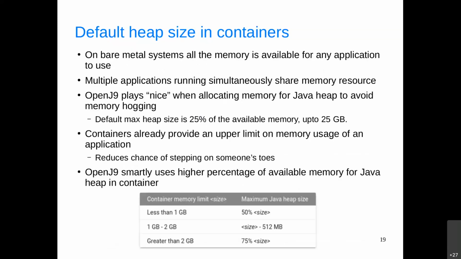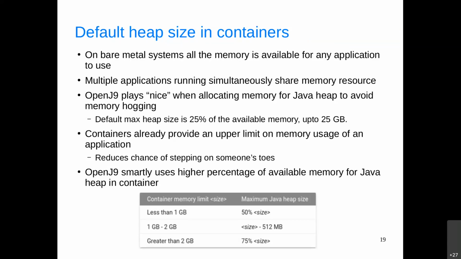So another change we have made in OpenJ9 is to increase the default heap size when it is running inside the container. And to understand why we made this change, we need to compare the way memory is utilized in container environment versus the non-container. In non-container systems, we have multiple processes running simultaneously, and they are sharing the system memory.